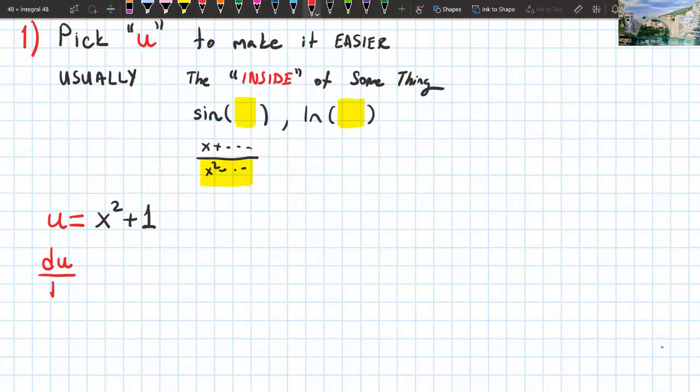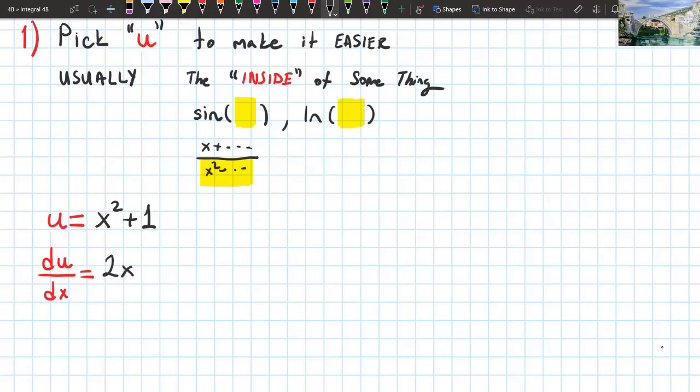On the right hand side I have x, so with respect to x. What will be the derivative of x squared plus 1? Tell me the derivative of x squared plus 1. Ahmet Kınal, what is the derivative? 2x. Yes, it's 2x, only 2x.